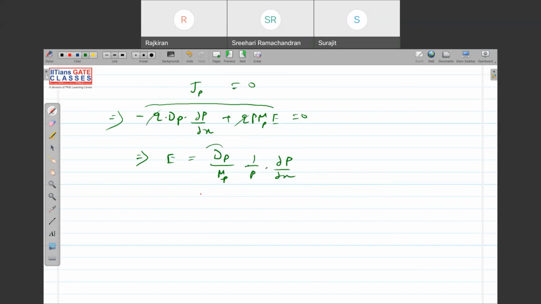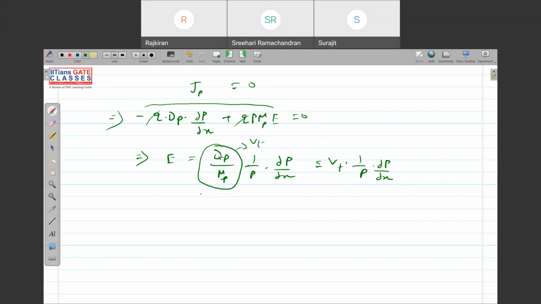So what is D by mu? It is kT by Q, VT, the thermal voltage. This is called the Einstein relationship. This also we have derived. Okay, this is my electric field.